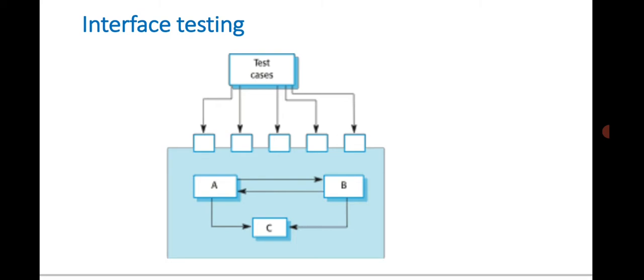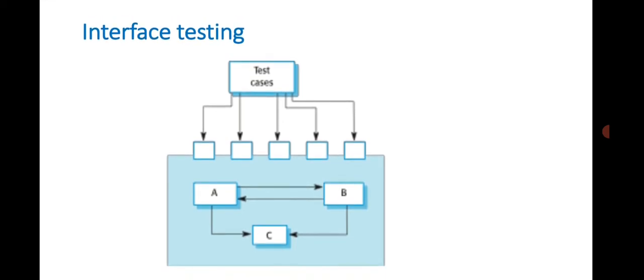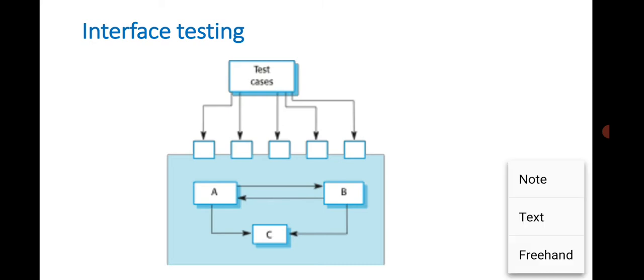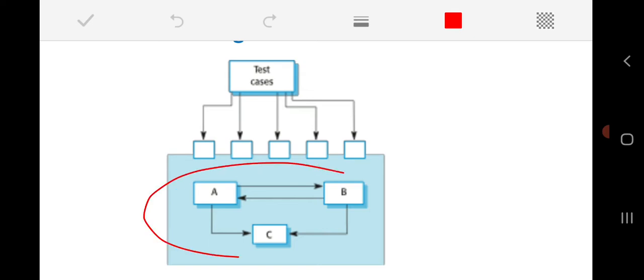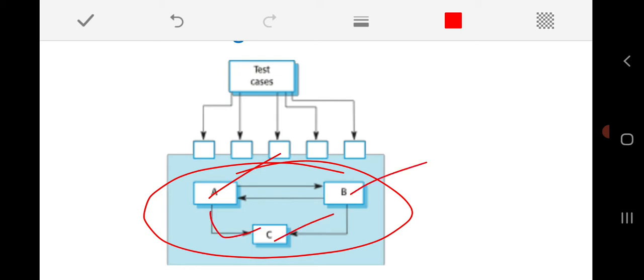If you look at this simple diagram, that is interface testing. Here we design the test cases with different sets of inputs. You can treat one component as a composite component made up of different objects like A, B, C, and see how an interface is defined between these objects.